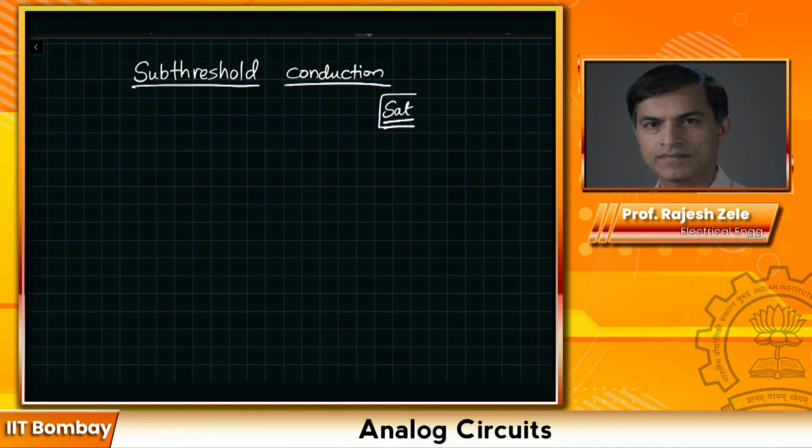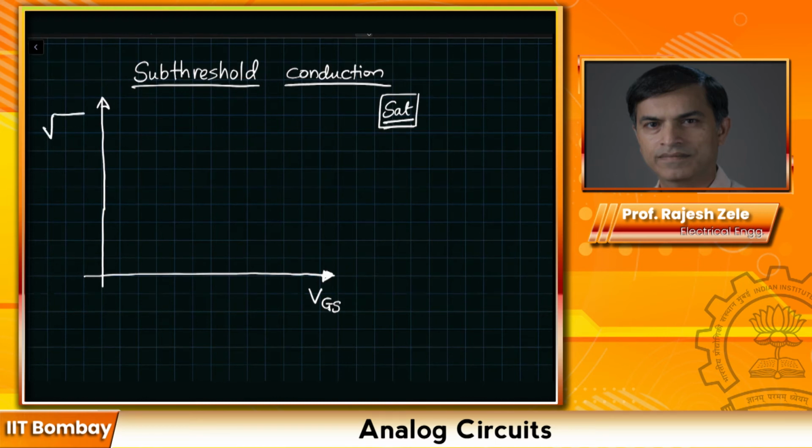I have told you that the transistor is in saturation region. Under that condition, what I would like you to do is plot this particular graph. On the x-axis, I'm plotting VGS, and on the y-axis, I'm asking you to plot square root of IDS. You can pause the video now and try to attempt it on your own. The clue is the transistor is in the saturation region.